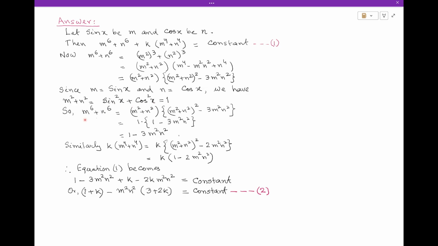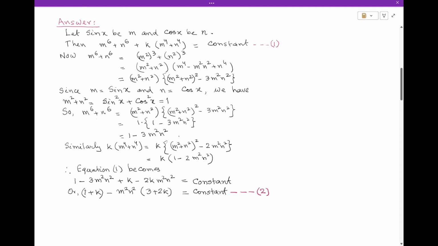Therefore, m to the power of 6 plus n to the power of 6 is equal to m square plus n square whole multiplied by m square plus n square whole squared minus 3m square n square, and that is equal to 1 multiplied by 1 minus 3m square n square, and that is equal to 1 minus 3m square n square.